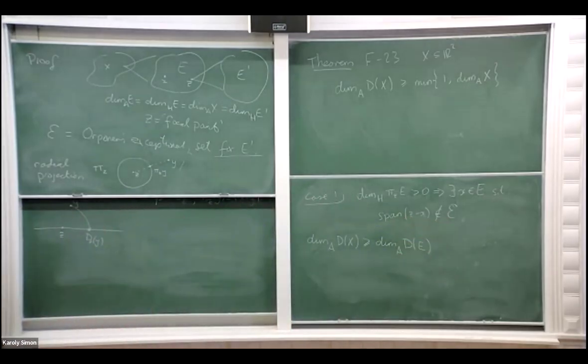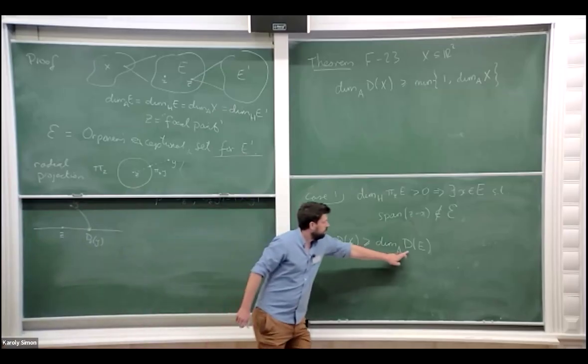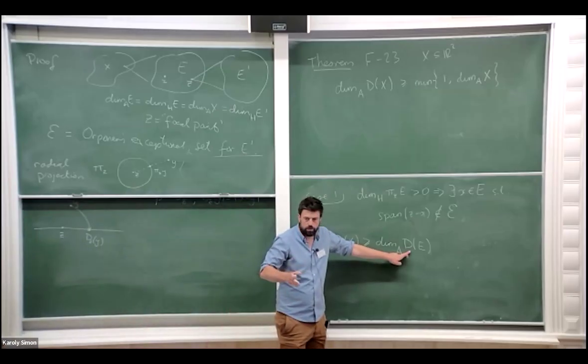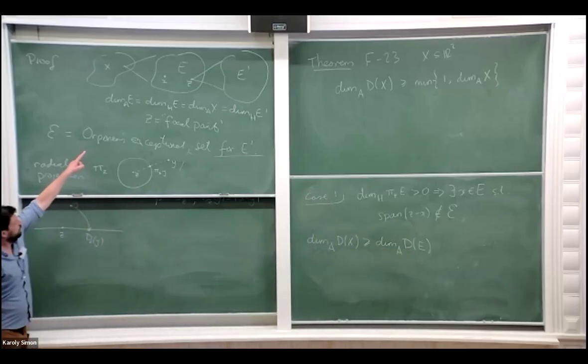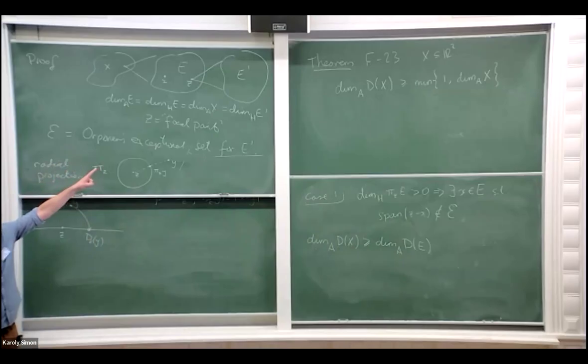Now, E prime appears as a tangent to E near Z. So what happens if I consider not the distance set of E, but just the distances determined from X? Well, distances determined from X to points very near Z look extremely like an orthogonal projection of E prime. Right, that's the nonlinear projection theorem. There's work to do there. This is the technical part, but it's heuristically hopefully clear.